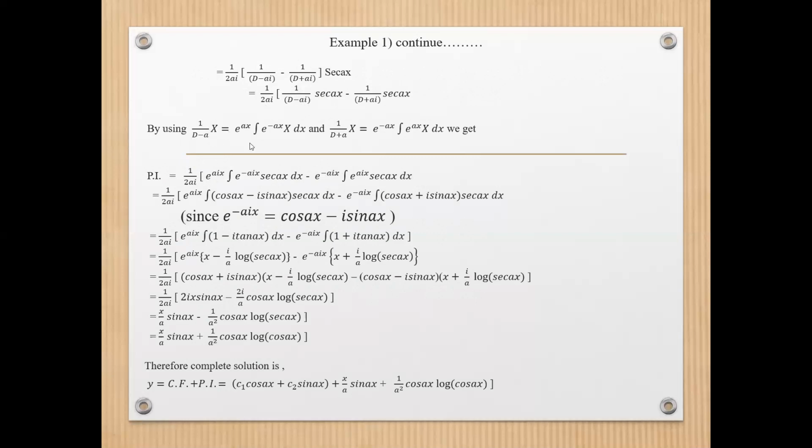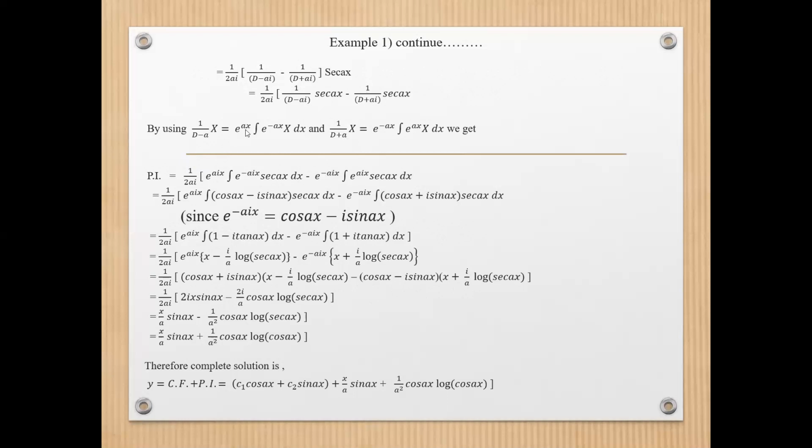See here, 1 upon D minus a is nothing but e raised to ax integration e raised to minus ax X dx. So if we compare this formula with this example, we get a nothing but what? ai. Here also the same, 1 upon D plus a, this a is nothing but what? ai.